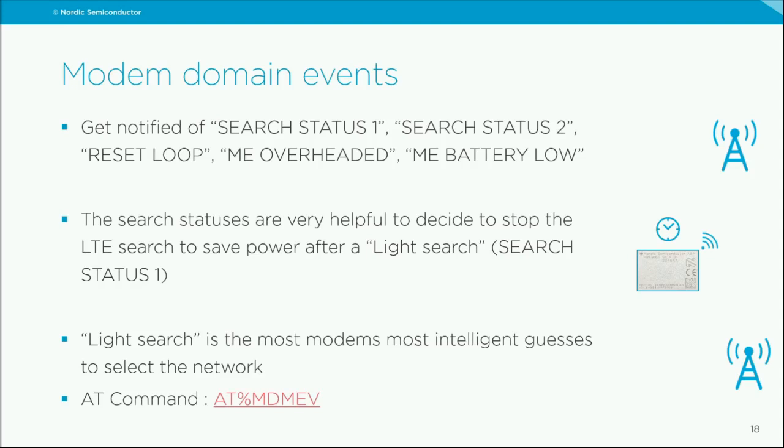To avoid going to this heavy search, you can subscribe to an event, and when you get this light search event, you know that the modem has done its most intelligent searches and haven't found a network yet. You can shut down the modem and wait for better conditions, or if the device is moving, for example. And then you would save current.